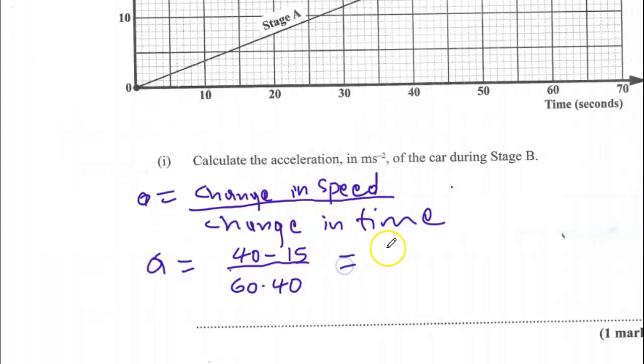So the acceleration would have been 40 minus 15, that's 25, over 60 minus 40, that's 20, which is equal to 25 divided by 20, that seems like 1.25. So that's 1.25 meters per second squared.